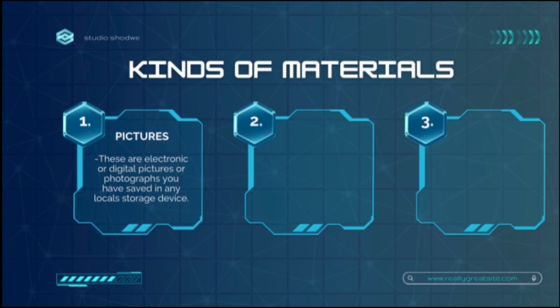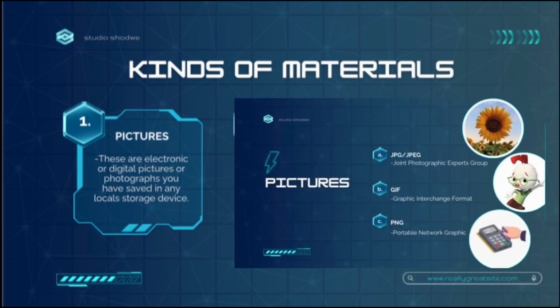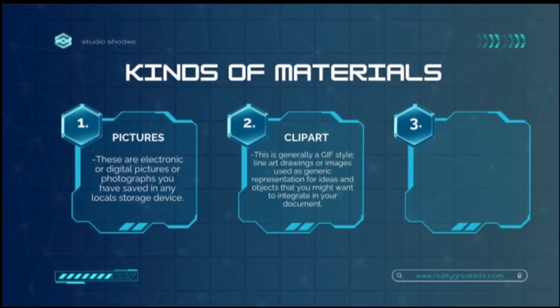These are electronic or digital pictures or photographs you have saved in any local storage device. Clip art. This is generally GIF-style line art drawings or images used as a generic representation for ideas and objects that you might want to integrate in your document.